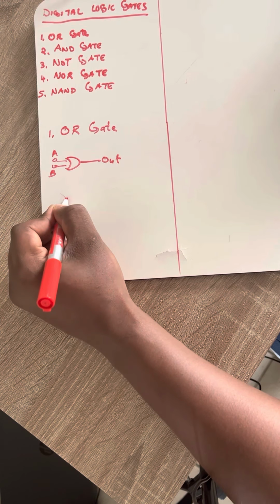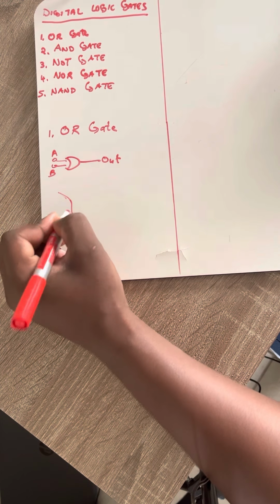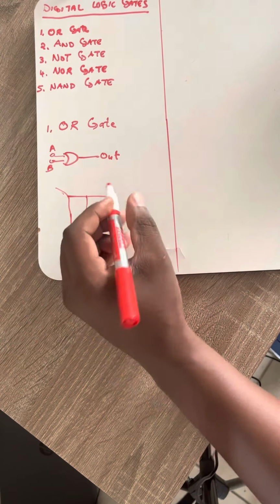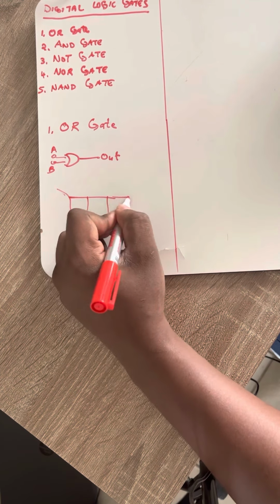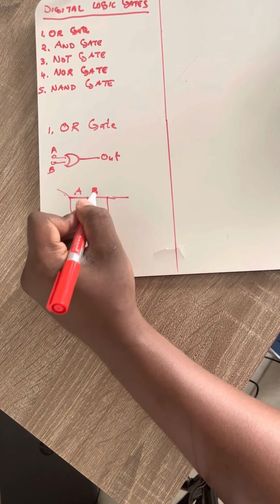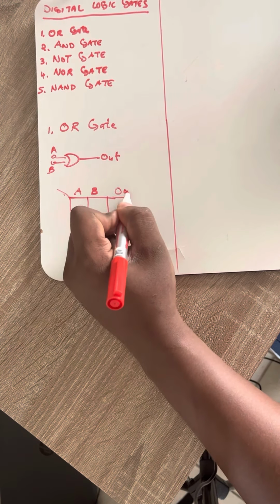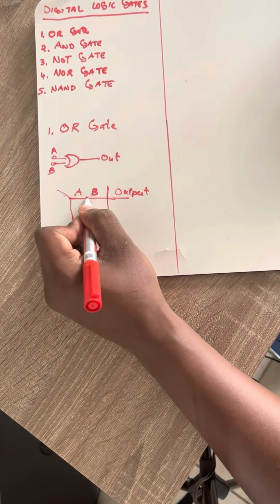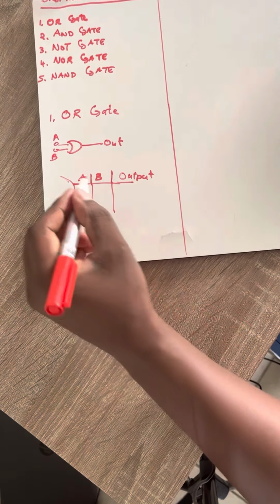Let's write our own truth table here with different combinations of input. So let's say A is our first input, B is our second input, and then we have an output here. Okay.